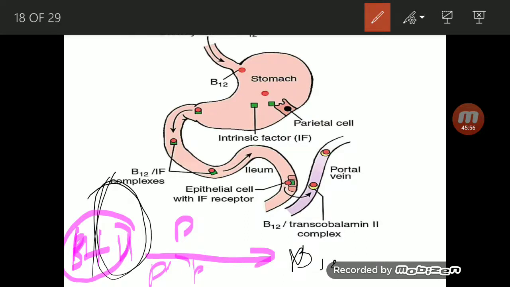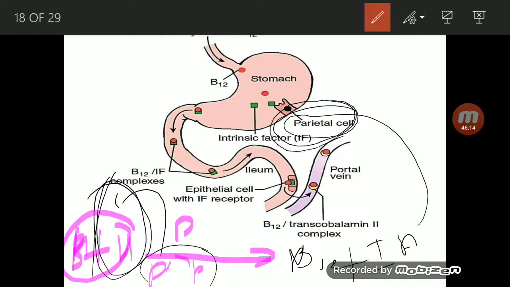Next, this vitamin B12 is going to go and bind to your intrinsic factor. This intrinsic factor is produced by the parietal cells present in your stomach.